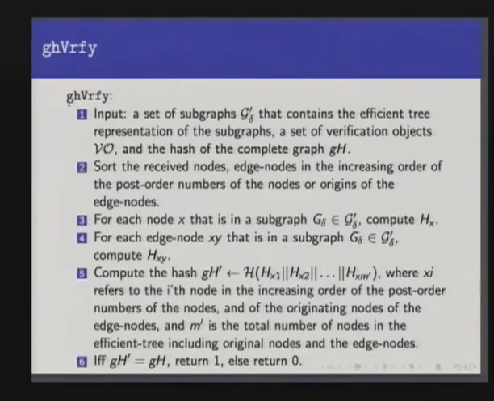So the user uses all these things and computes another hash value, suppose gh dash, and then the user compares that gh dash, the newly computed hash value, with the original hash value gh, which was sent to the user by the data owner. If this value is the same, the user is assured that the integrity of the data has not been violated.